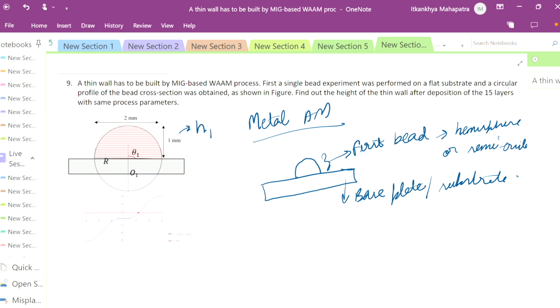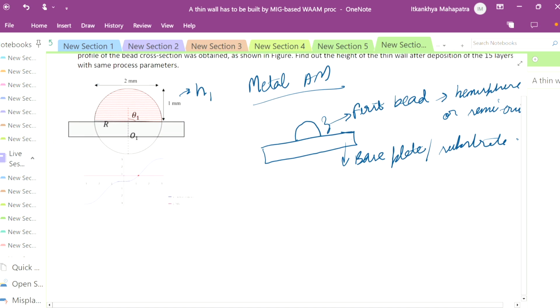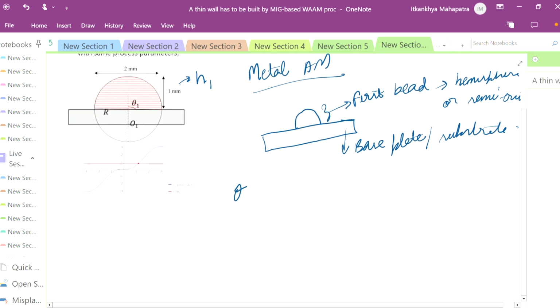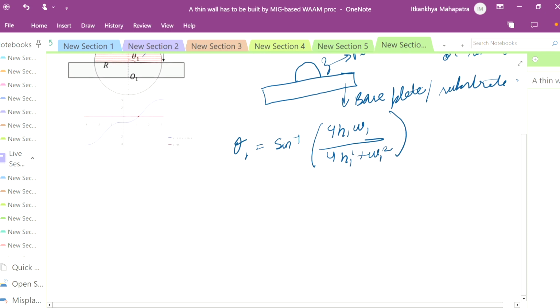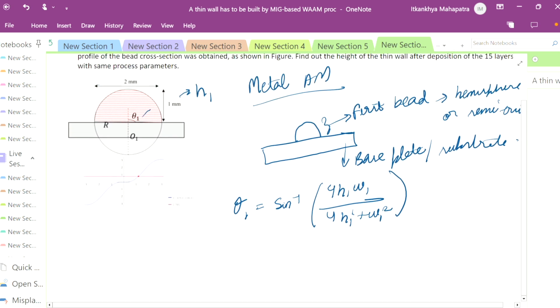We have the formula, as we know from the lecture notes and the videos: theta 1 is sine inverse of 4 h1 w1 by 4 h1 squared plus w1 squared. The first step is calculating theta 1.